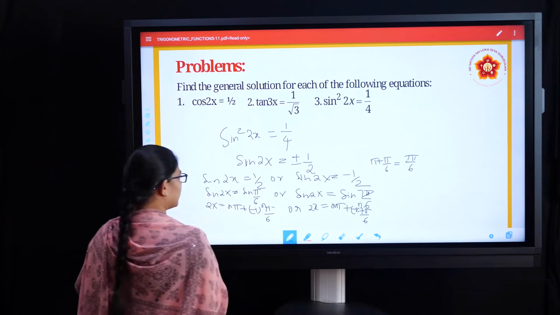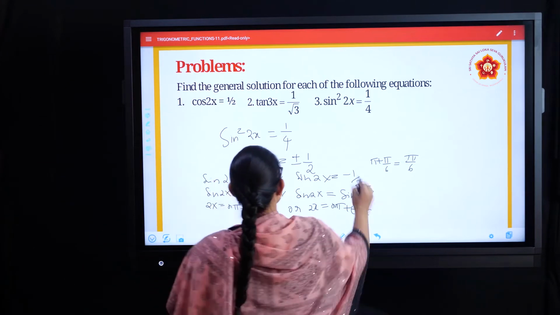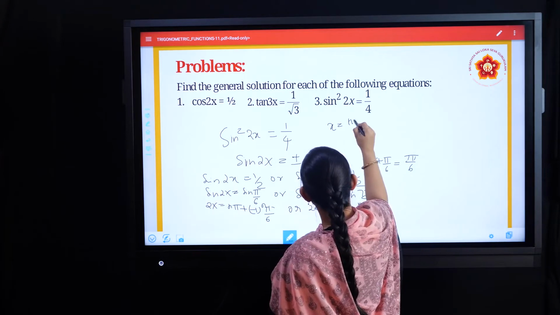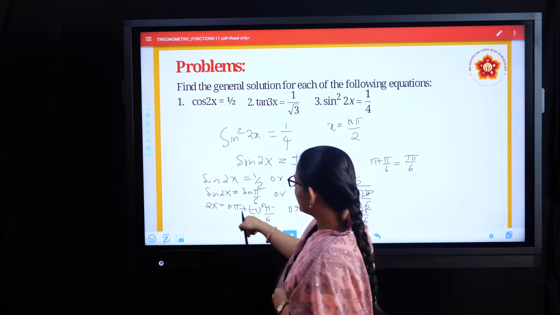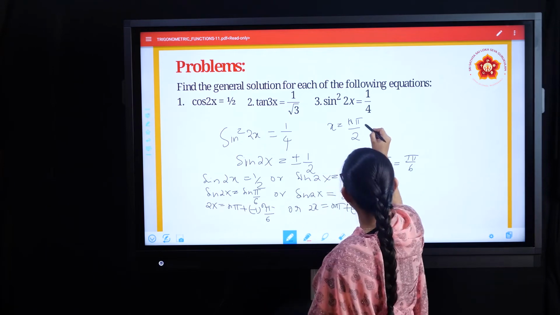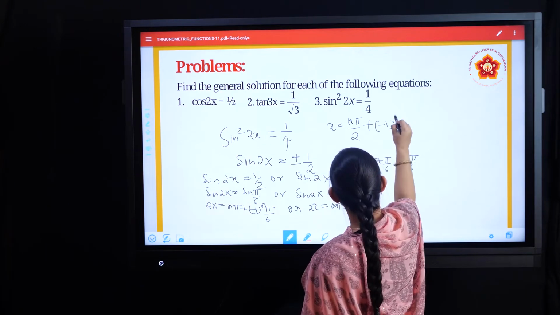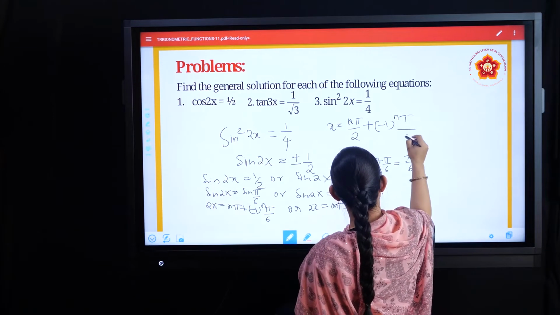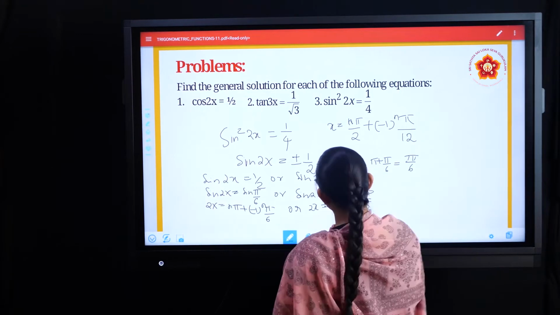So therefore we can write what is x is equal to now. So x is equal to n pi by 2, 2 I am taking to this side. So n pi by 2 plus minus 1 power n, pi by 6 into 2, that is pi by 12.